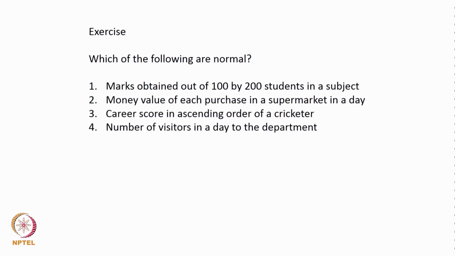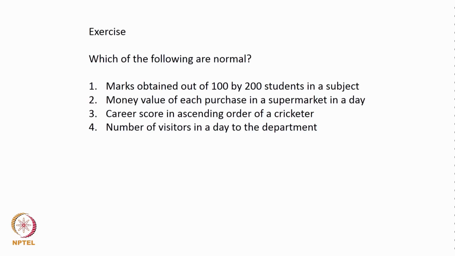Career scores in ascending order of a cricketer talk about individual scores. But if we sort these career scores in some order and try to build a histogram, one might get a picture that is reasonably close. But again, in this case there will be a small number of very large scores and a large number of small scores.